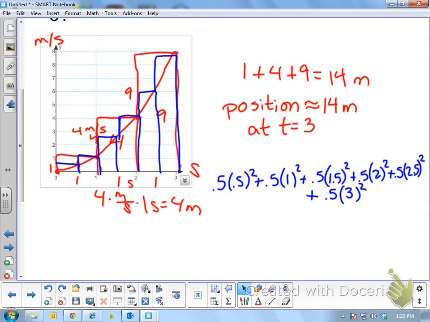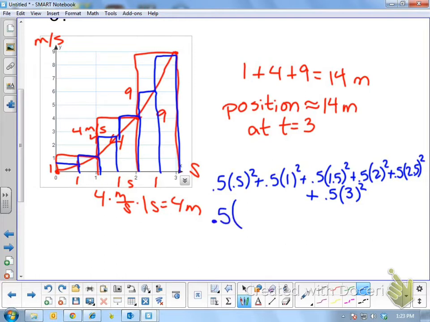So you should have done something like this. I'm not even 100% sure what the answer is. Did anyone? 11.375. But what do we notice about this that could maybe help us clean it up a little bit? What does each have in common? 0.5.